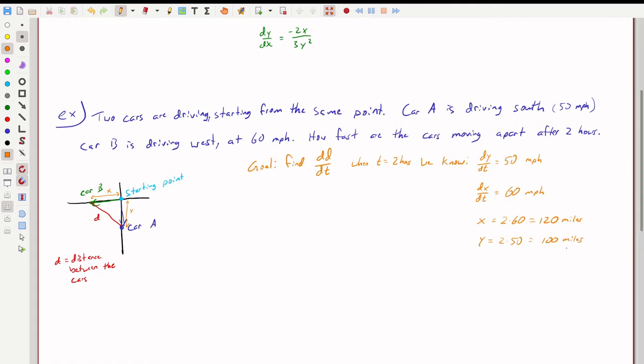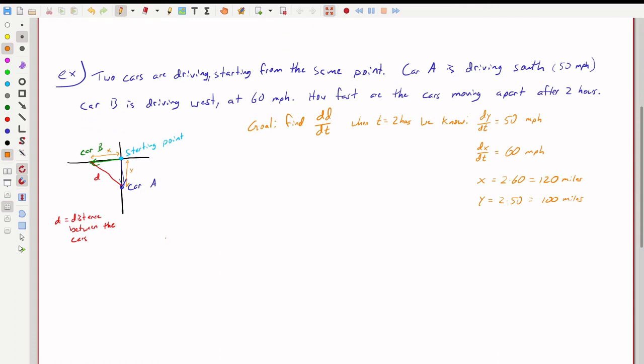Okay. Now I need to find an equation that involves this distance d and relates it to some of the information that I know. Okay, so if I look at what I have drawn, I have this triangle where the sides are the variables x, y, and d, and it is a right triangle.